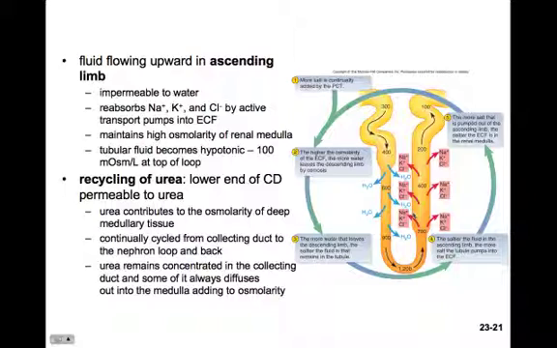In addition to the solutes being drawn out into the medulla, at the very tip of the loop, the lower end, we're going to see recycling of urea. So urea is going to contribute to the osmolarity in this deep area of the loop as it's collected from the collecting duct, which we'll see here soon.